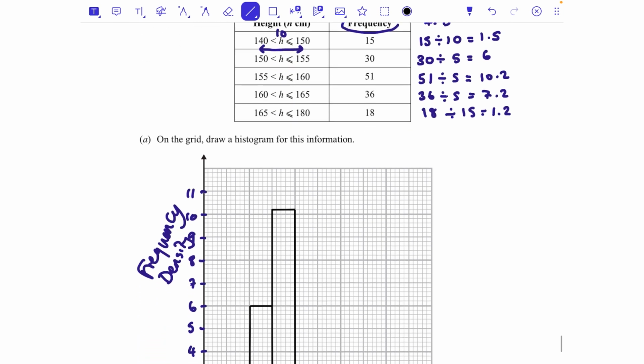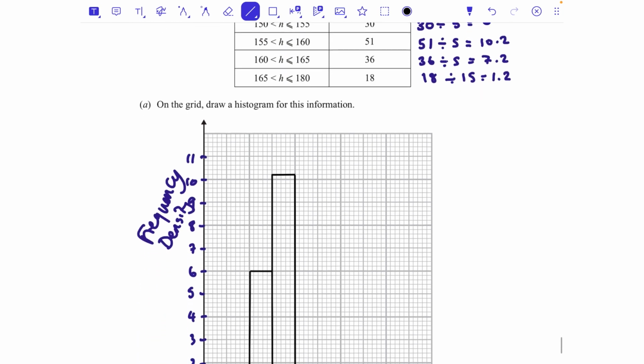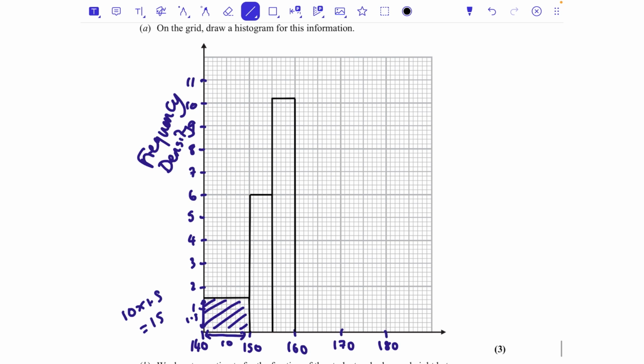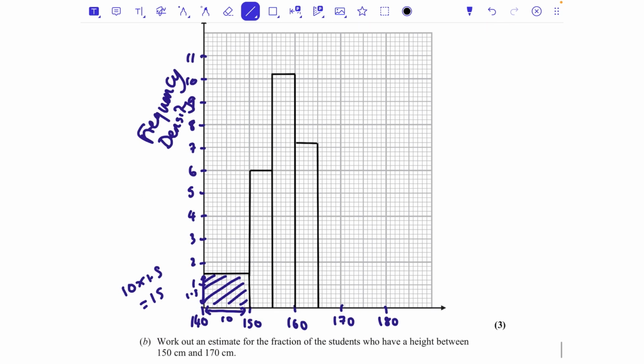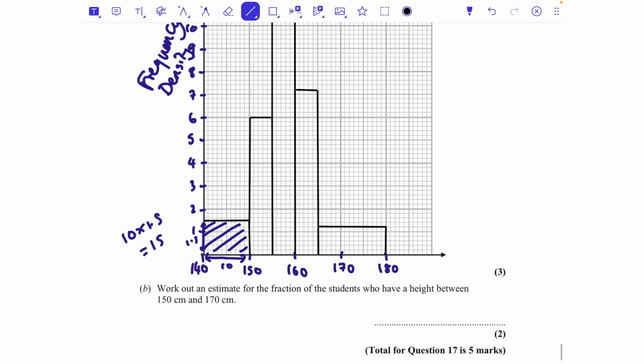Then I've got 160 to 165 is at 7.2, like that. And for the last category, we're 15 wide and we're going up to 1.2. So that is going to be here, up to 180. That's our histogram correct, so we get 3 marks for that.